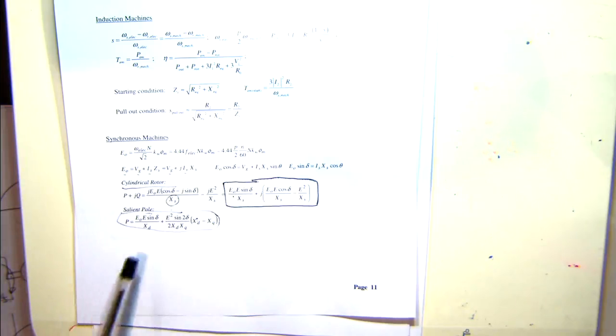We'll be looking at saliency and those concepts in the variable speed drives course, mainly for permanent magnet machines. But just for your general knowledge, remember that there are two forms of synchronous generators, and there are two equations for that: one for the cylindrical rotor and one for the salient pole rotor machine.